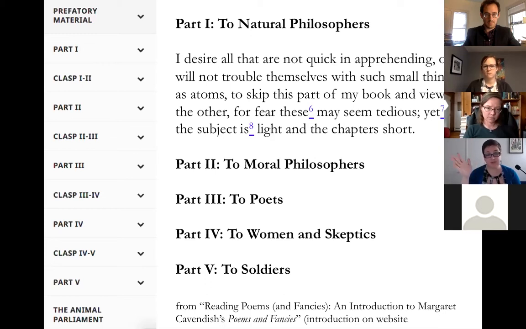Part 1 is intended for natural philosophers, part 2 to moral philosophers. We know this because each part has its own prefatory letters preparing the new audience for the set of poems that are about to follow. Part 3 to poets, part 4 to women and to skeptics, that's my favorite, and then part 5 to soldiers.